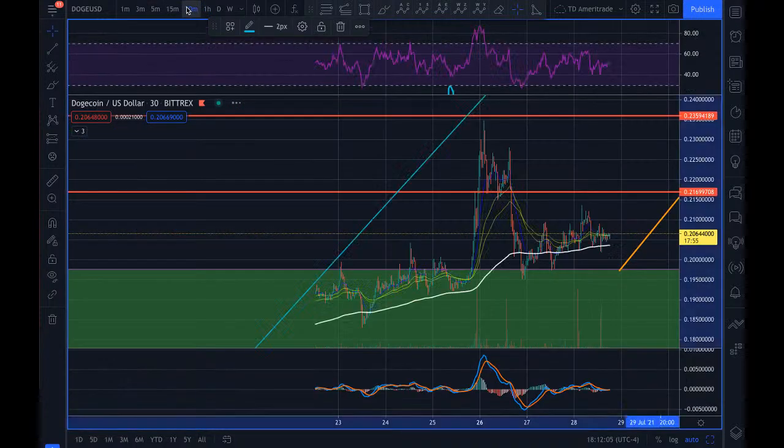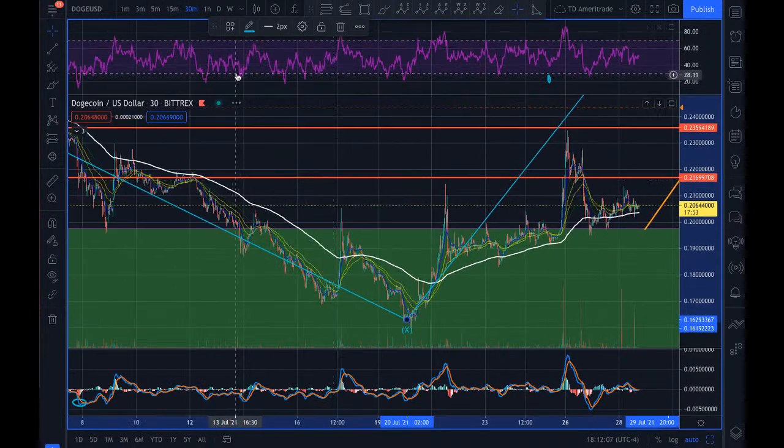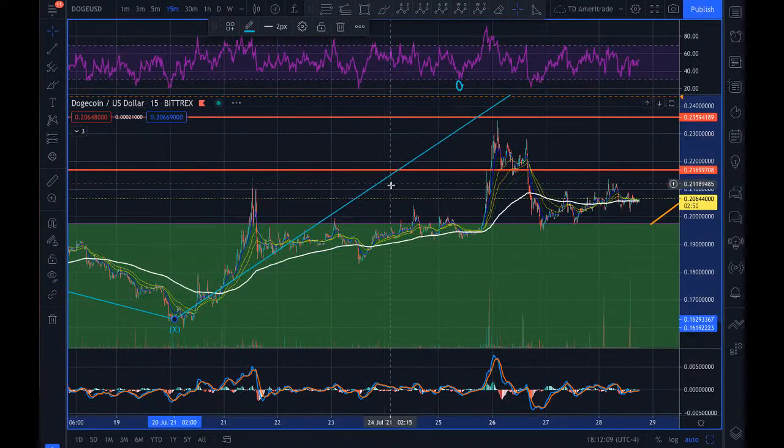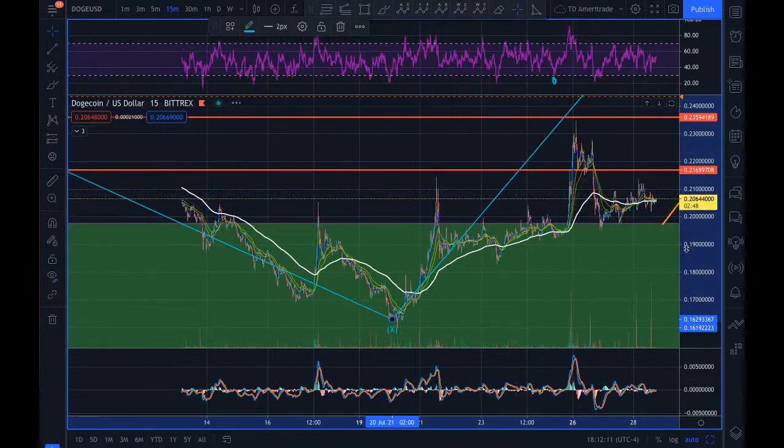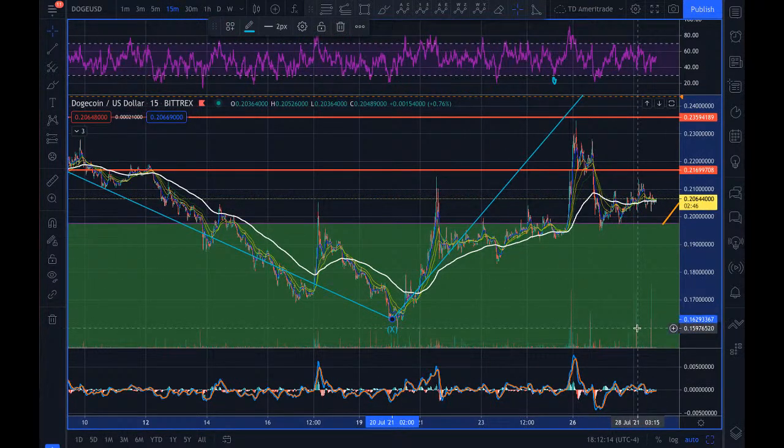Okay, so let's go closer in here and see what we got. It's pretty much still my same count until it makes a new low under 16, or if it gets down here, then the count would change.